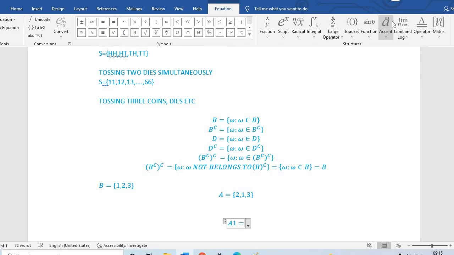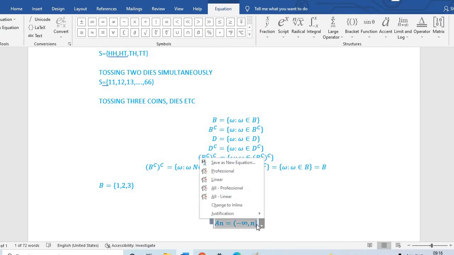A1 equal to, n വരെ, n, a എന്ന് പറയുന്നു. Okay, so what will be a1?